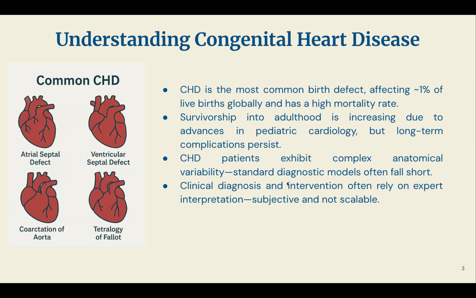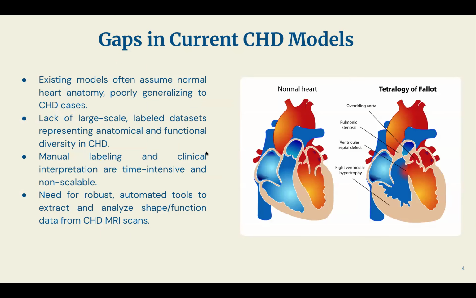Next slide. Some gaps in current CHD models, current challenges in the imaging space: we don't have enough accurate models given the high degree of complex variability. As I said, there are many different types of CHD, and many different anatomical changes in each type. Adult pathology is often more uniform and more widely studied, making the data very available.